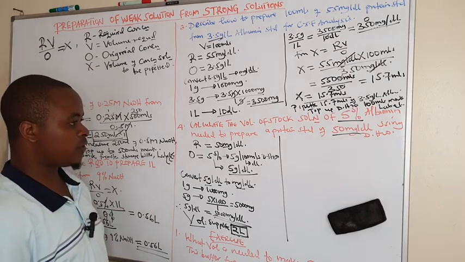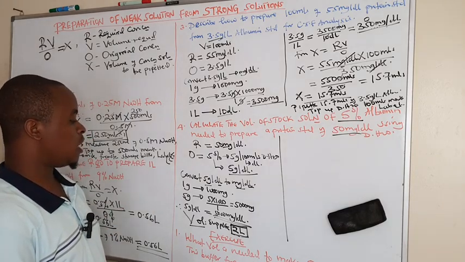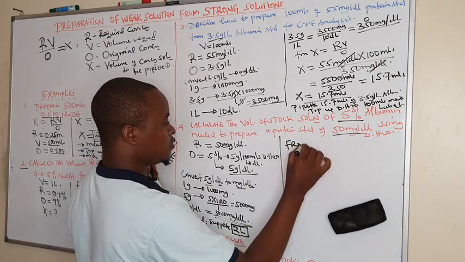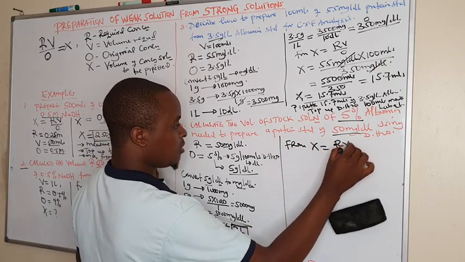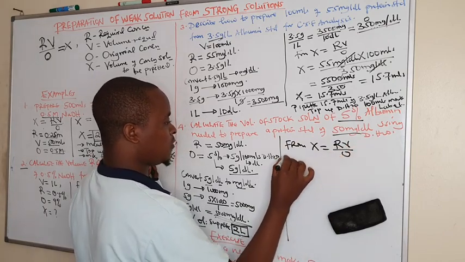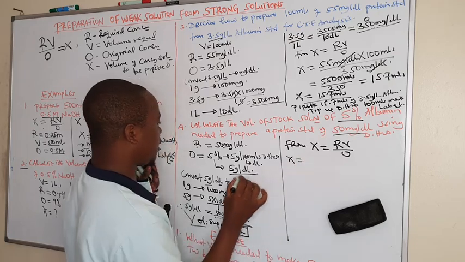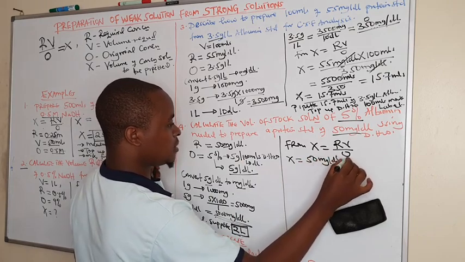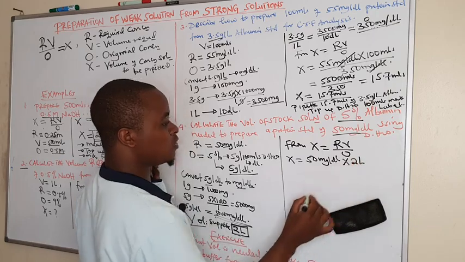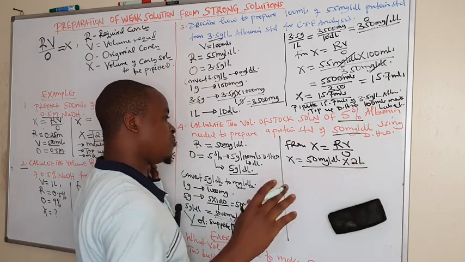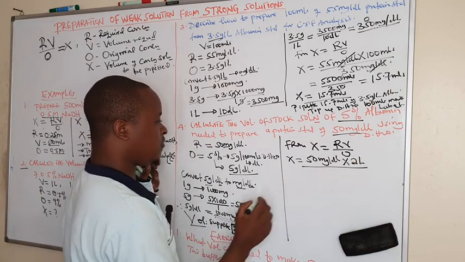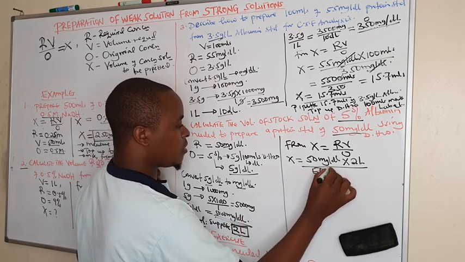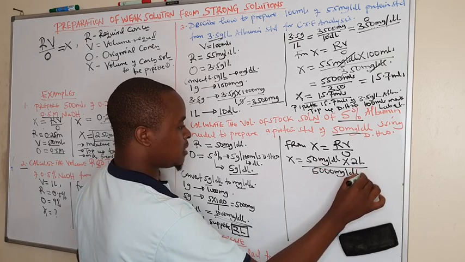So after doing this, now we are going to say from RV over O, from X equaling RV over O. We have seen that R is the required concentration, which is 50 milligrams per deciliter, times required volume, which we have suggested 2 liters, for you can suggest another one, then divide by the original, which is 5,000 milligrams per deciliter.